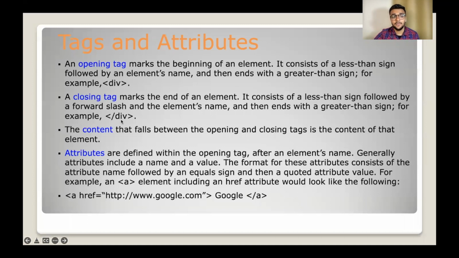The content is between the opening tag and the closing tag. Attributes are defined within the opening tag after the element name. Generally, attributes include a name and a value. The href consists of the link. By clicking on the content, we can go to the link which is provided in the href.